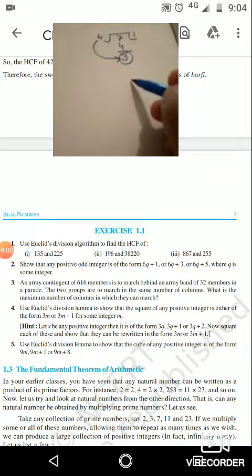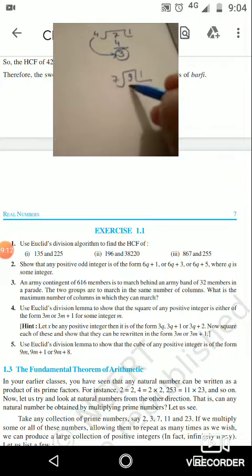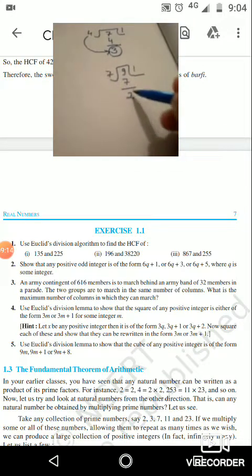Similarly, if I divide 9 by 7, the remainder is 2.